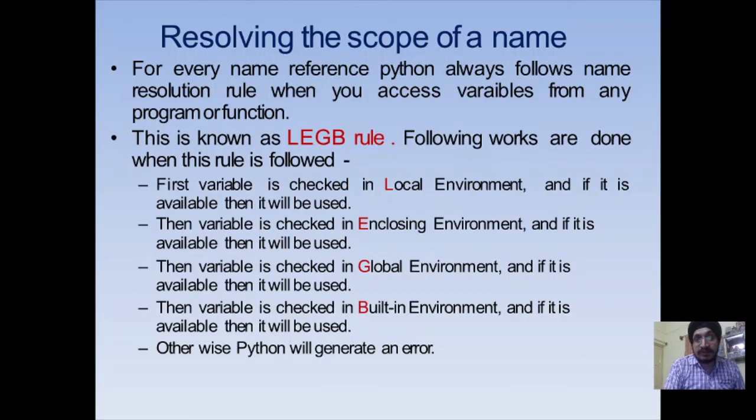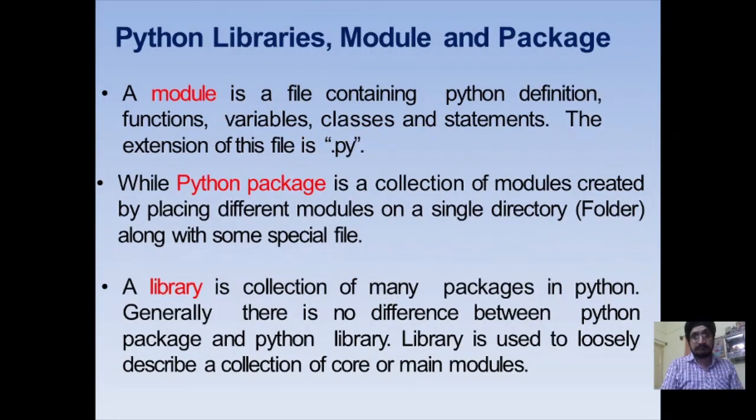It follows the rule LEGB, that means local environment, then enclosed environment, then global environment, after that built-in environment. And if the name is not found, then Python generates an error message. So Python uses the rule LEGB to resolve the namespace.